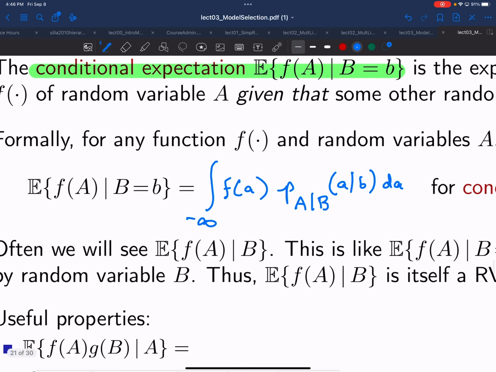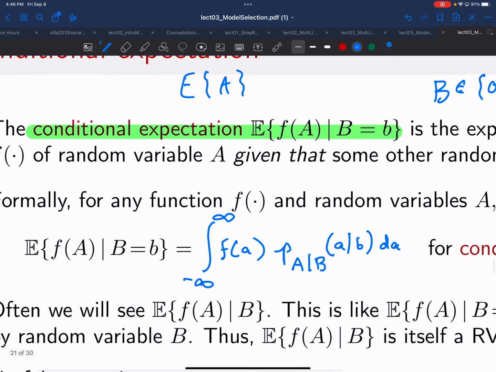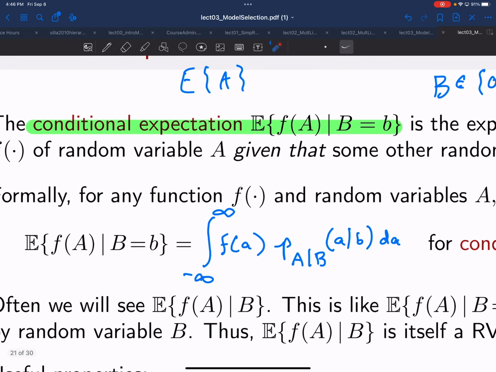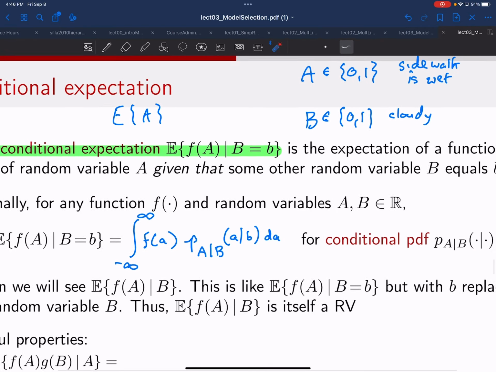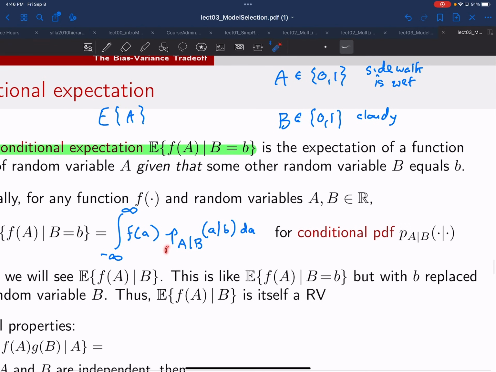I could really use anything, but I call it little a because it's representing the value of the random variable capital A. And now I have this conditional density, the PDF of A given that you have this specific event that the random variable B is little b.